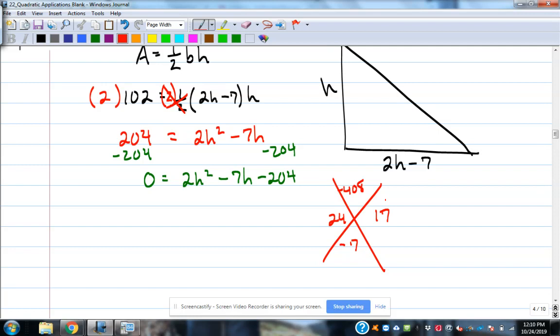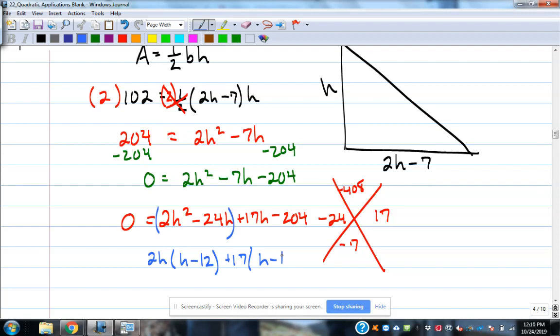Which one should be negative? The 24 should be negative. So when we plug those in, 2h squared minus 24h plus 17h minus 204. Group: 2h, h minus 12, plus 17, h minus 12.